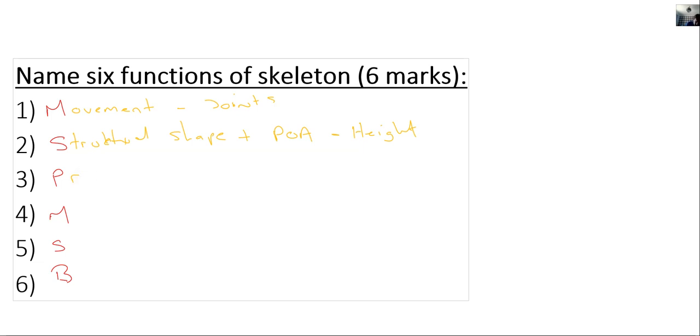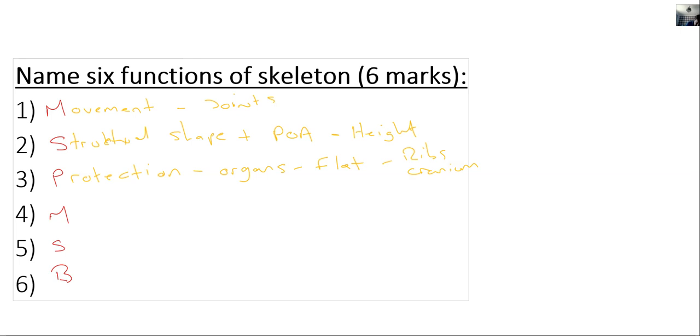Number 3, this is probably the most obvious one we talk about, in terms of protection. You should have anything along the lines of different bones in the body that do protection of organs. You might have had an example in there as well. Remember, it's predominantly flat bones that do the protection, things like the ribs, things like the cranium, are the ones that do the job for us.